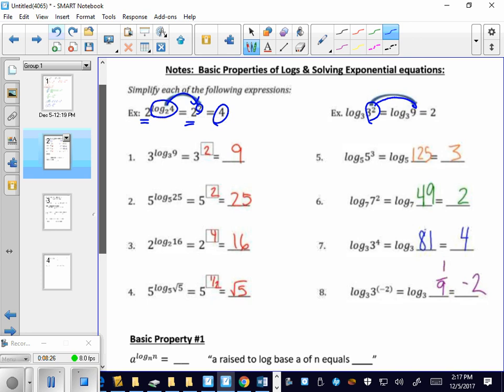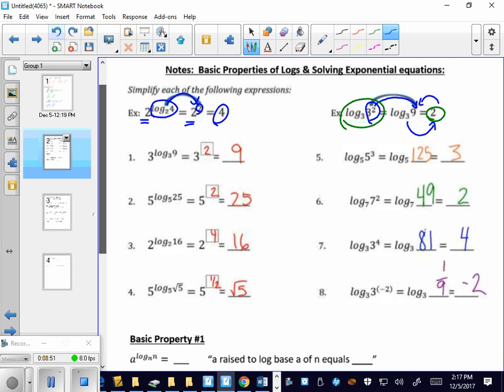And then you're asking yourself, 3 to what power gives you 9? So this whole thing simplifies to 2. Hopefully after a little while you're going to start to see the pattern here, and if not, hopefully by the end of this I can explain it to you.